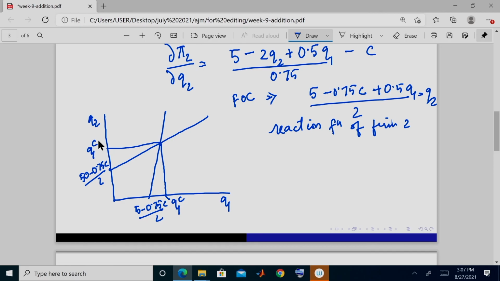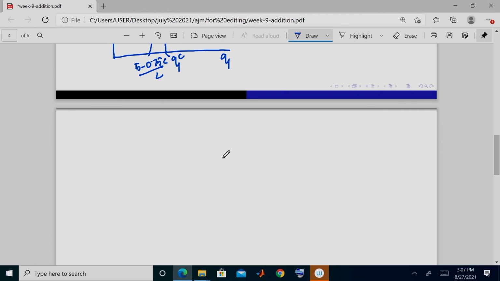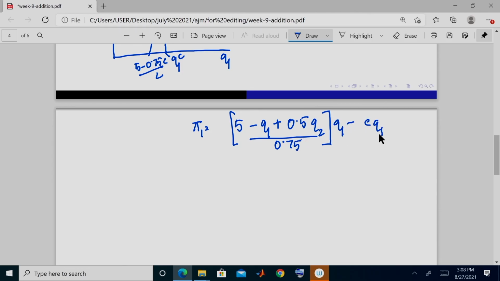Right. Now, we will study the Stackelberg outcome based on these reaction functions. So, we know the profit function of firm 1 is this. So, we will look at the isoprofit curve generated from this.